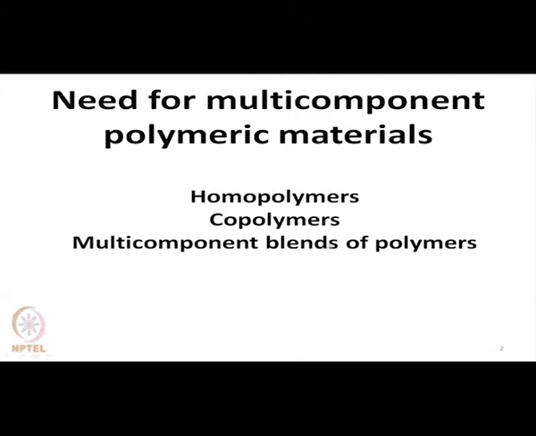So, there is a lot of science behind this copolymer synthesis, copolymer properties, and the science behind the multi-component blends, or the blends of more than one polymer to form a new product. I have discussed this to some extent in other lectures.